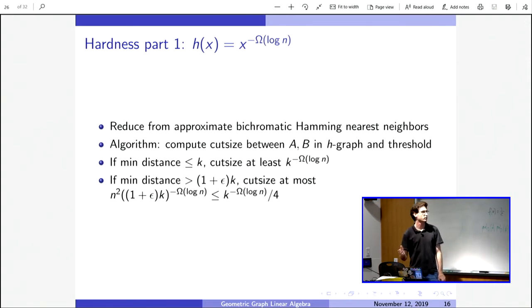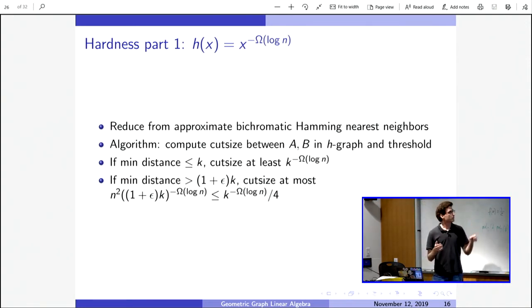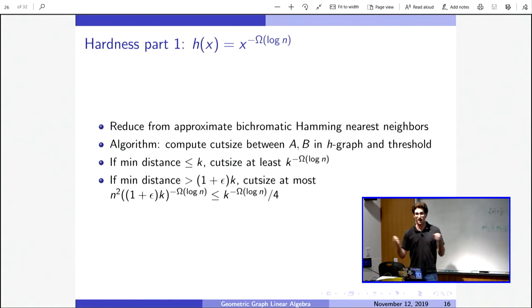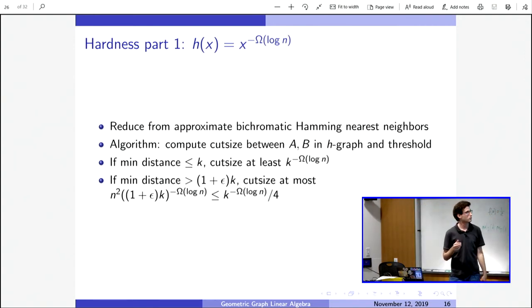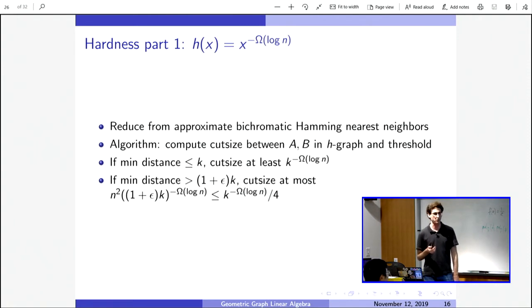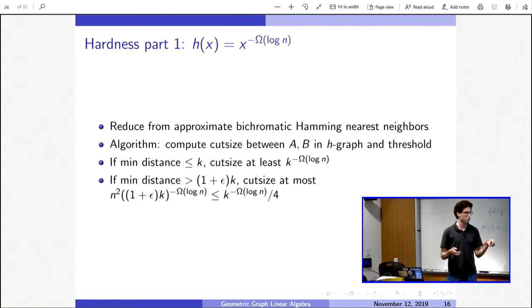In particular, it's possible to show the following. If the closest pair in A and B has distance at most k, then the cut size between A and B is high. That's the completeness case. In the soundness case, when the minimum distance is high, you can show that the cut size is small. The property that we're using about H in this reduction is the fact that it decays so quickly.